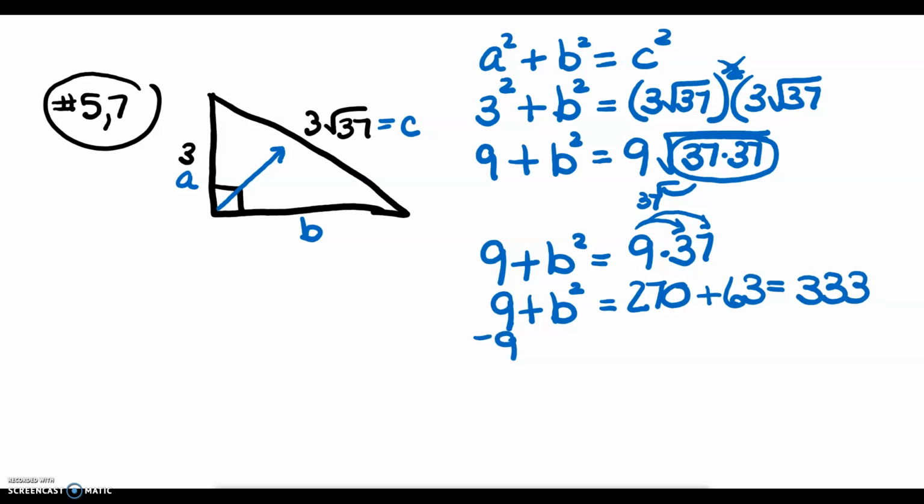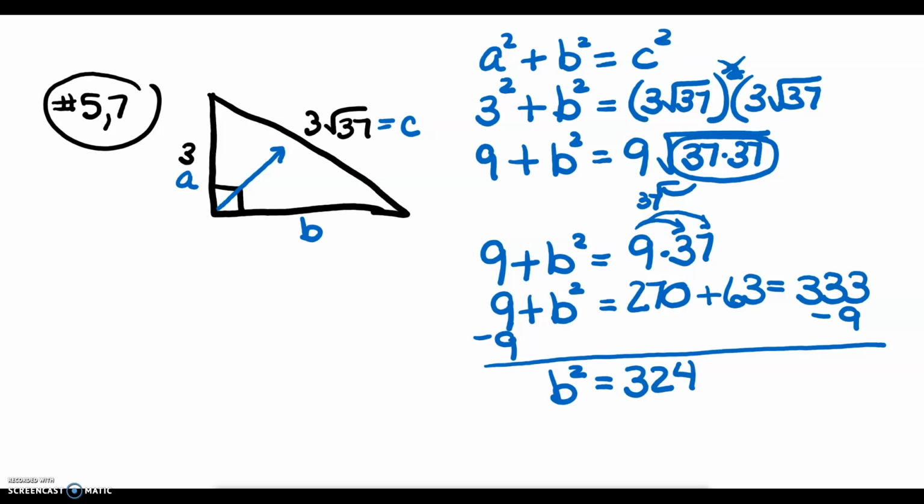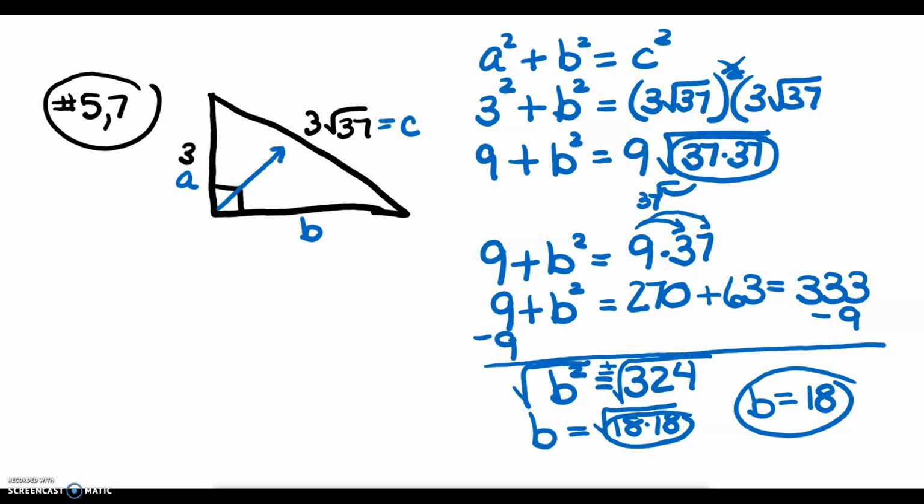Well, when I subtract 9 from both sides, I get B squared equals 324. Okay, this is where your perfect squares come into play. That should ring a bell, 324. I get B, and this is a positive number again. B equals, 324 is 18 times 18, so I end up with B equals 18 as my final answer.